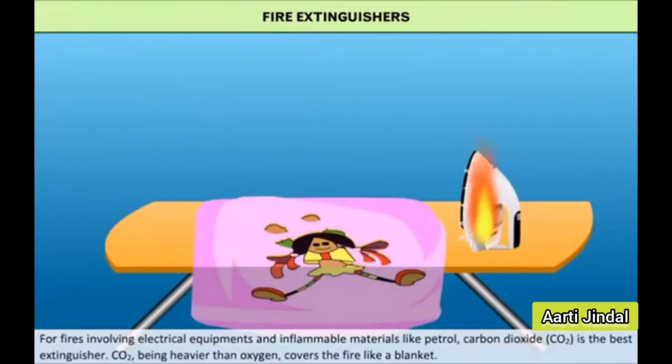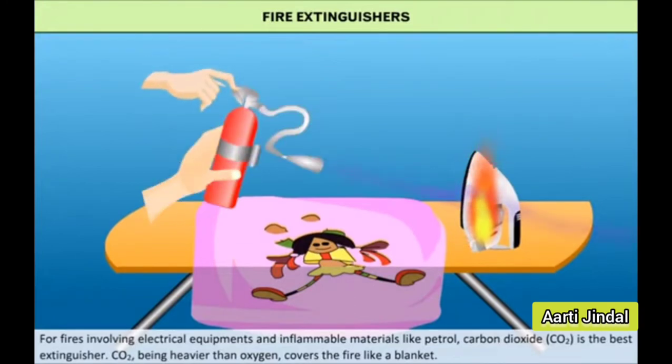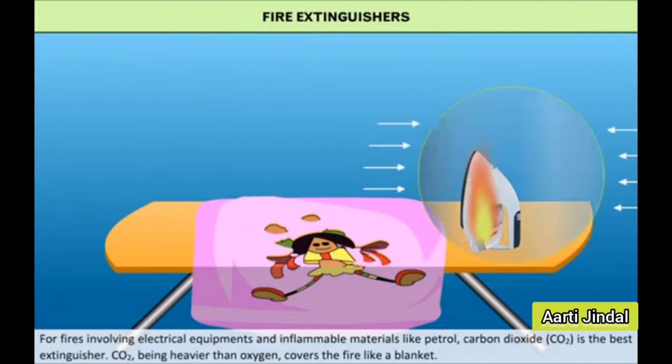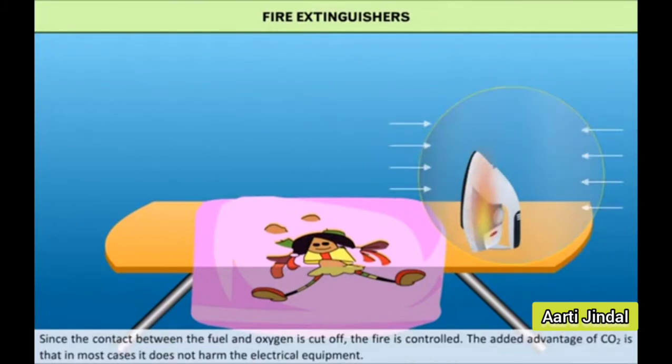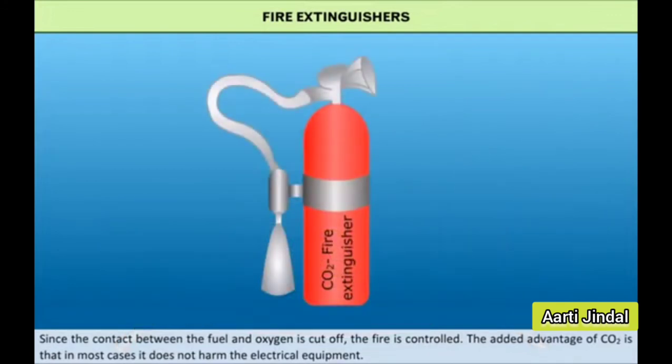For fires involving electrical equipments and inflammable materials like petrol, carbon dioxide is the best extinguisher. CO2, being heavier than oxygen, covers the fire like a blanket. Since the contact between the fuel and oxygen is cut off, the fire is controlled. The added advantage of CO2 is that in most cases, it does not harm the electrical equipment.